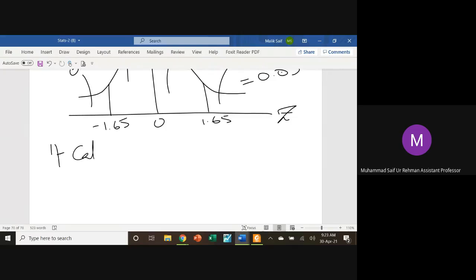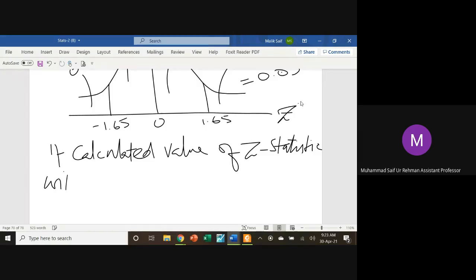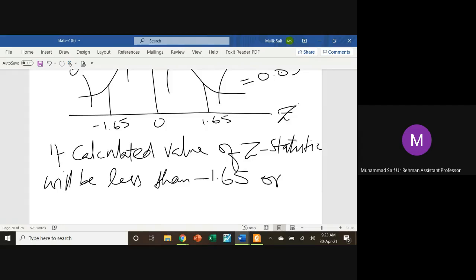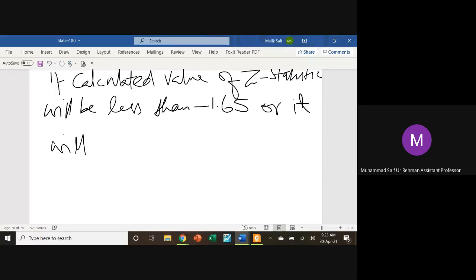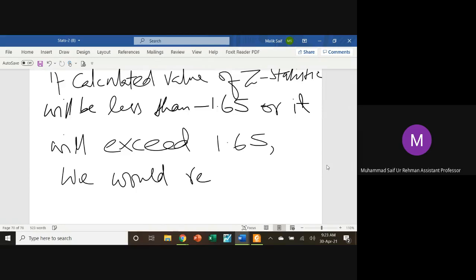If the calculated value of the z statistic is less than minus 1.65 or exceeds positive 1.65, we would reject H naught.